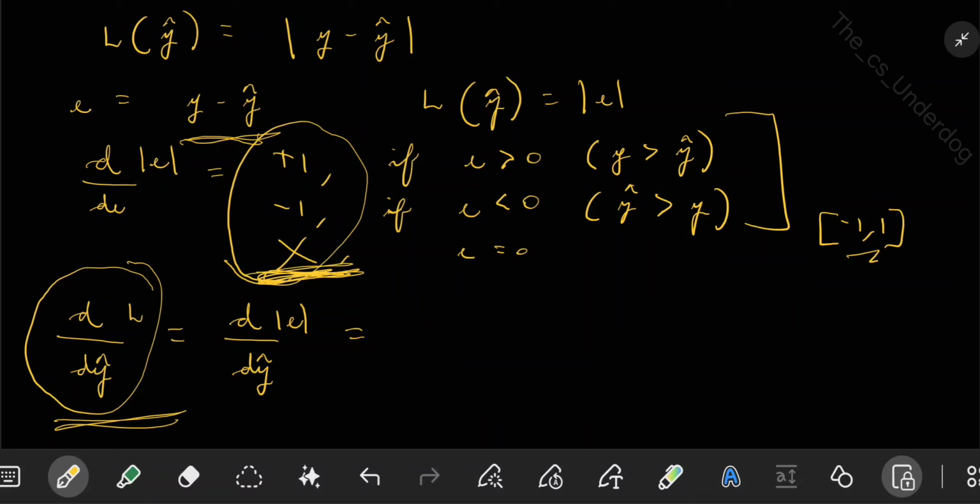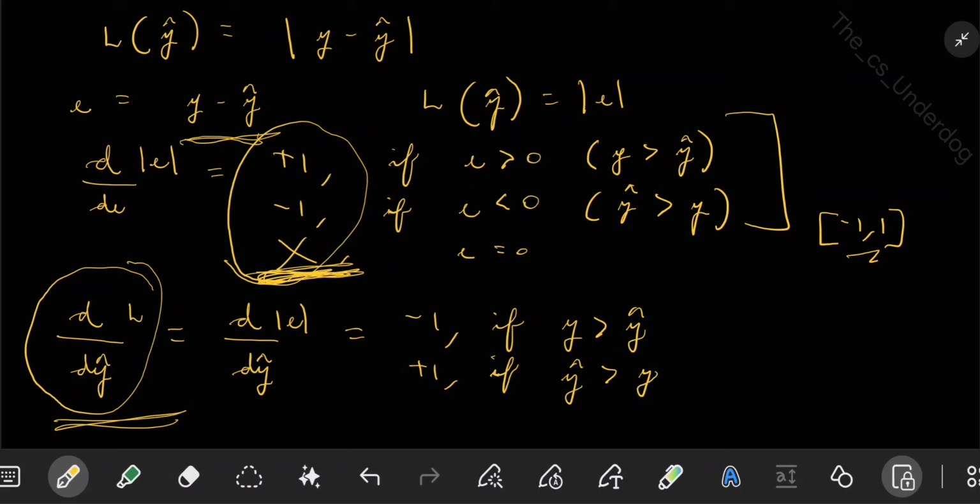Instead of plus 1, it will be minus 1 if E is greater than 0, and instead of E greater than 0, I can write y greater than y cap. And for the next one, instead of minus 1, I am going to write plus 1 if y cap is greater than y.